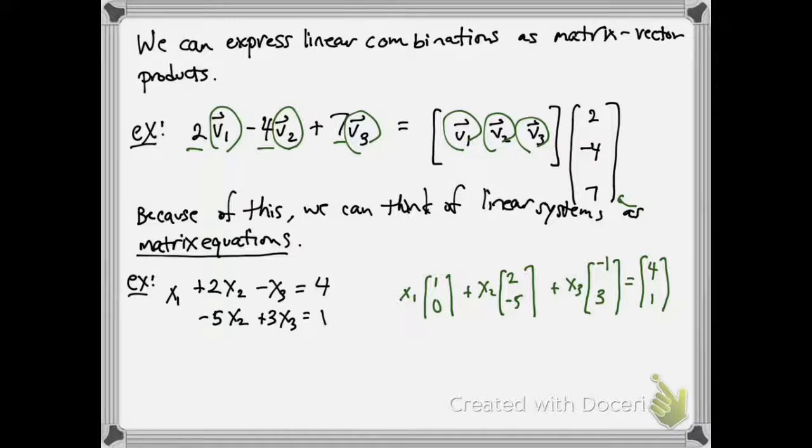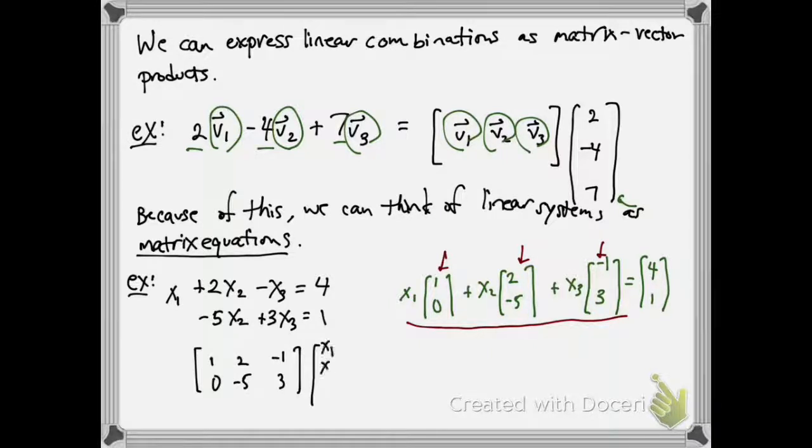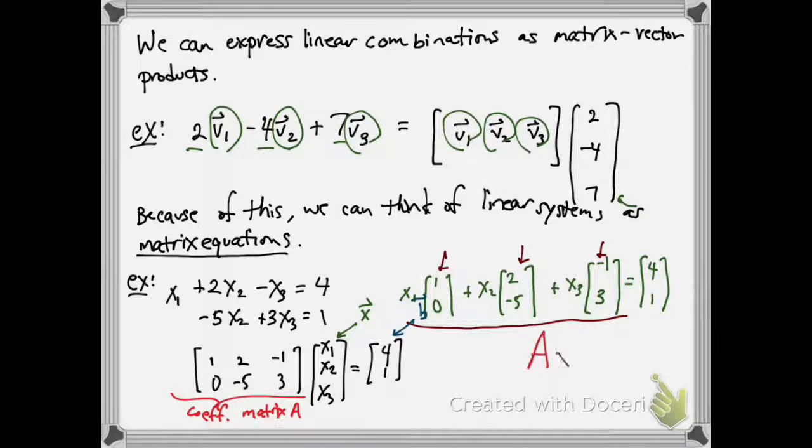And so if you notice, the left-hand side of the equation here is a linear combination of these columns. And so I can express this as this following matrix equation. Right? So I'm using the coefficient matrix of the linear system. I'll have a vector that corresponds to the unknowns, the variables, and then this vector b. And so we have this matrix equation Ax equals b, where A is just the coefficient matrix of the linear system.